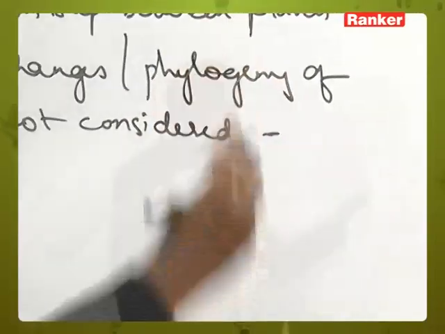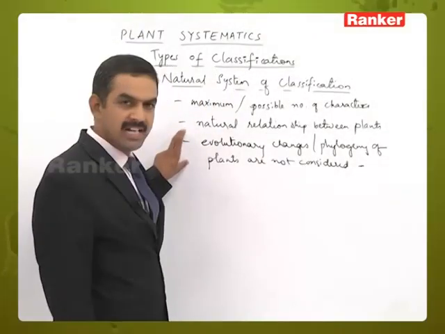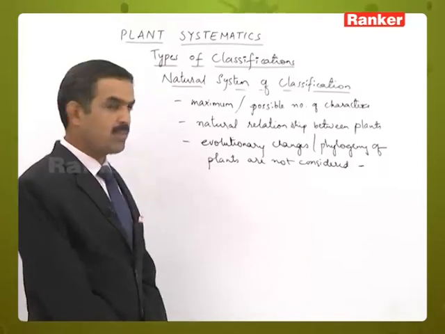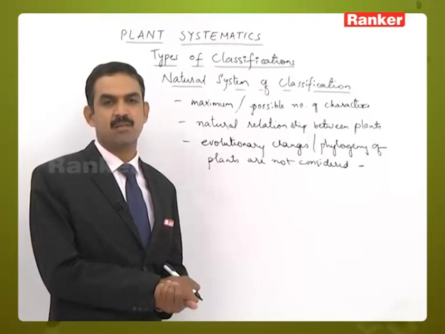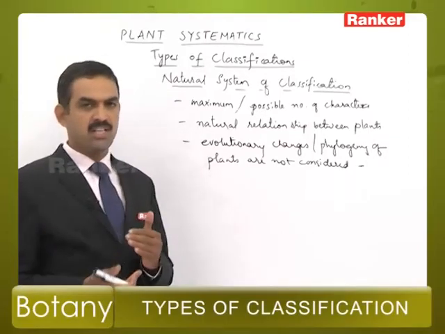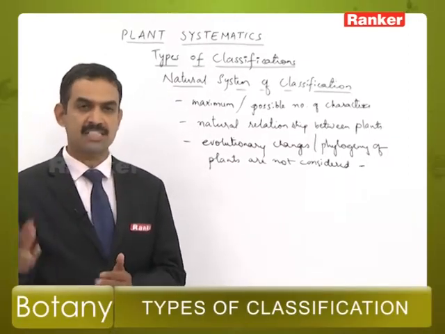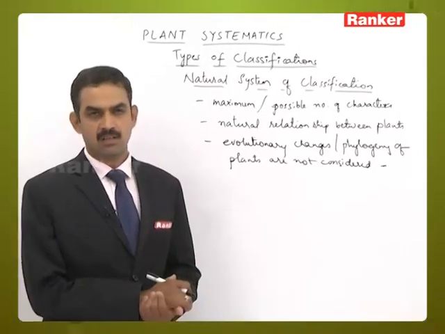This is one negative aspect of the natural system, because if we consider evolutionary change also, it may give better characters, because whatever changes take place from one generation to another, the same species have to be considered here.